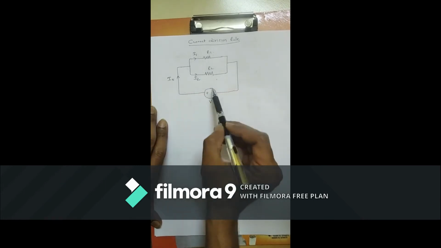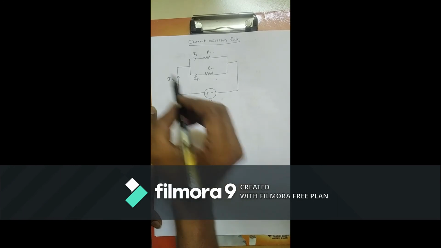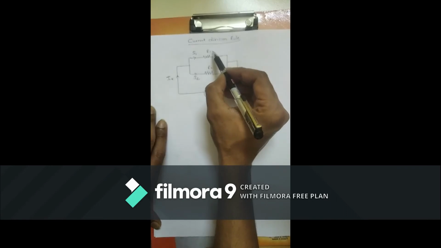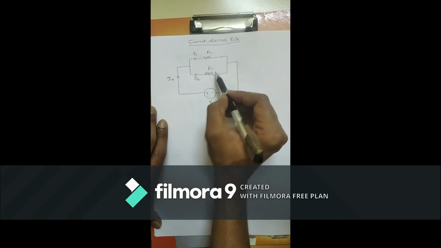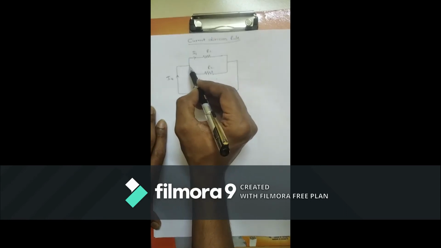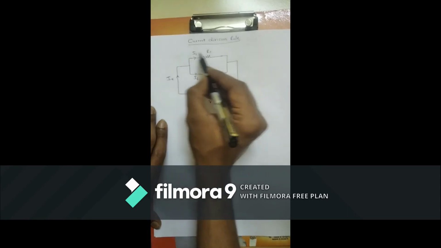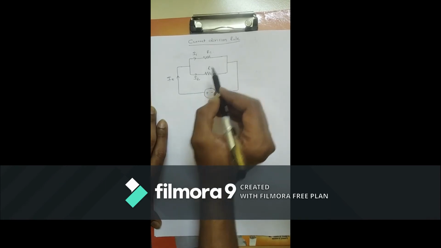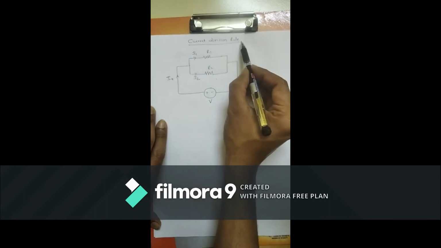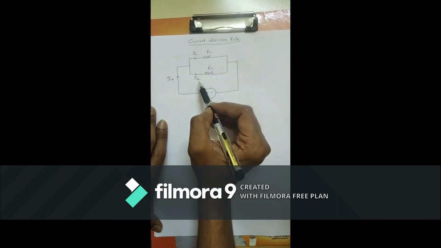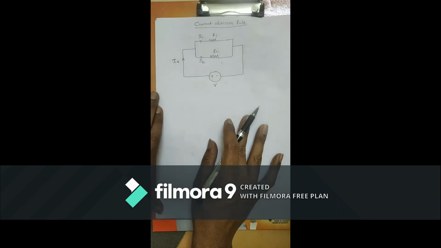In this given network, the applied voltage is V and the total current in the network is IT, and we have two resistances R1 and R2. This total current IT is divided into two branches, I1 along R1 and I2 along R2. This current division rule is used to find these branch currents I1 and I2.